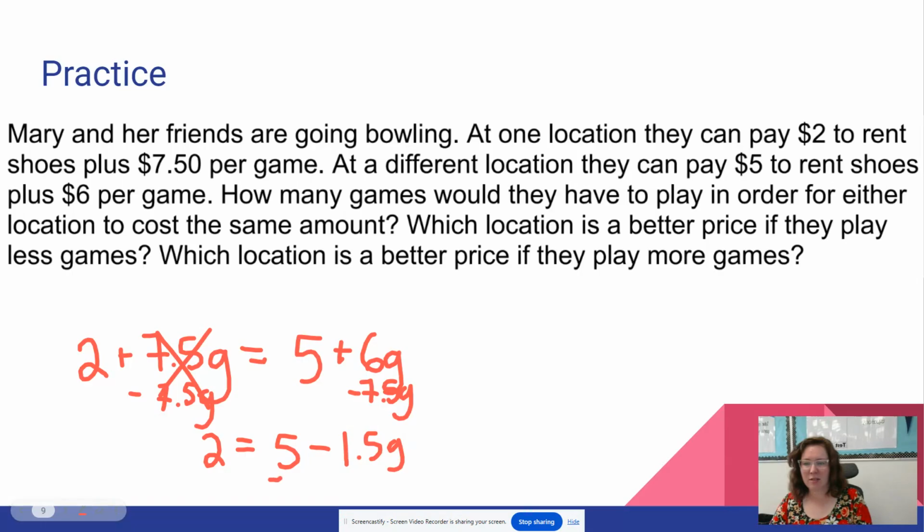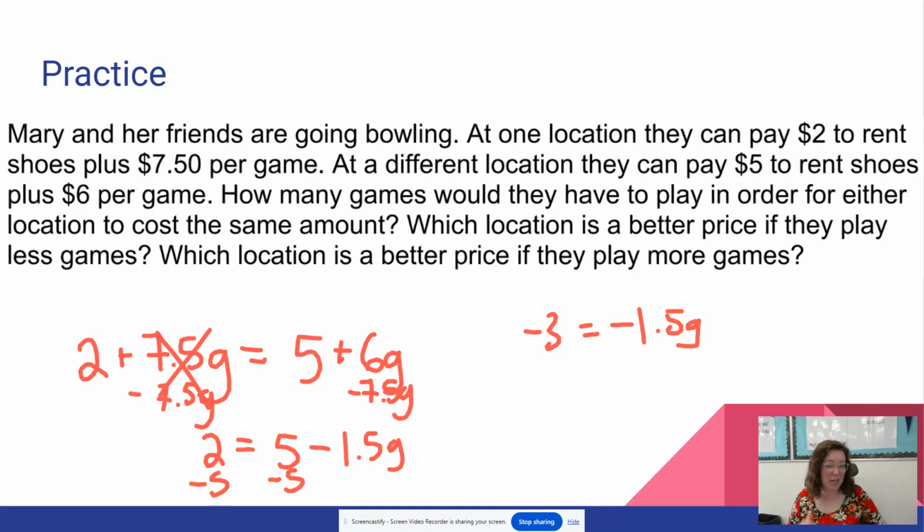But that's okay. Subtract 5 on both sides, and we end up with negative 3 equals negative 1.5G. Divide both sides by negative 1.5. So negative 3 divided by negative 1.5. And, oh, it's only 2 games. So after 2 games, they're both going to cost the same amount.